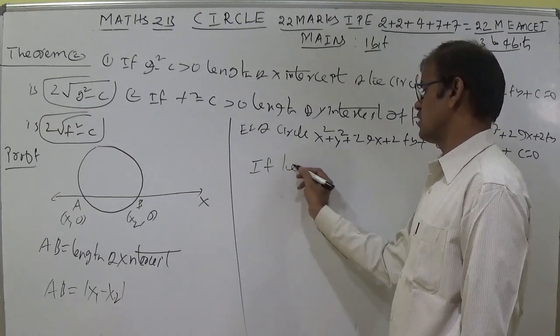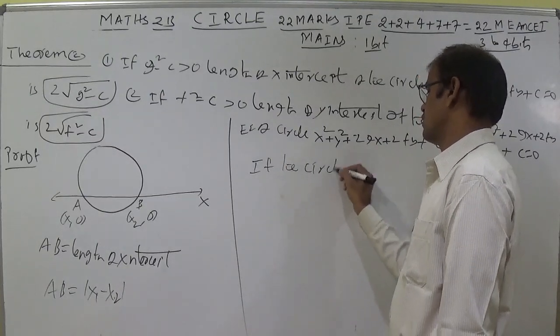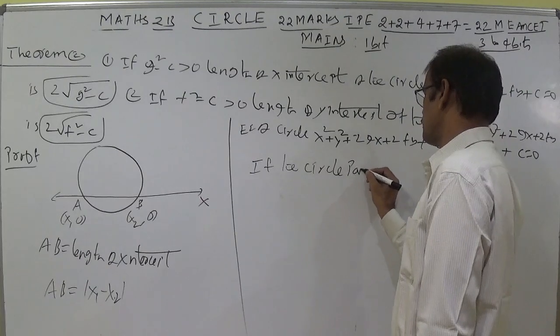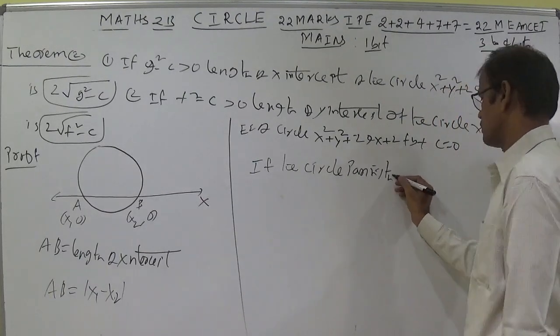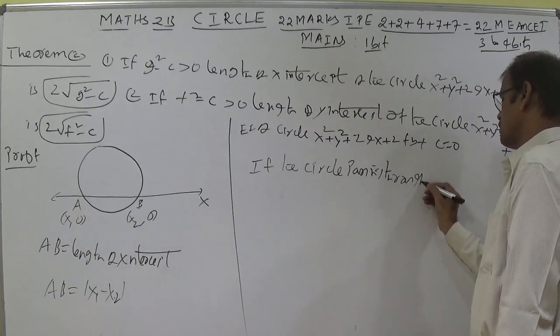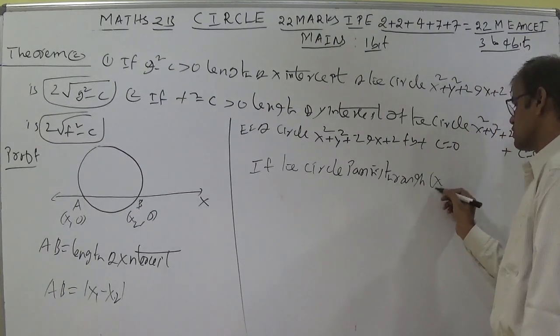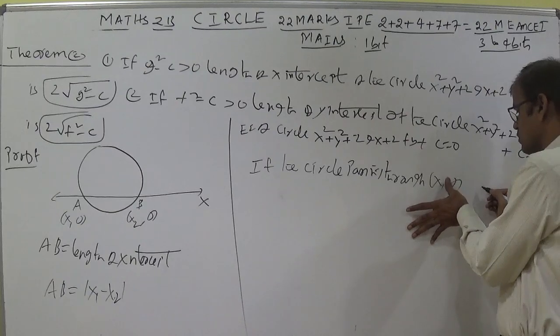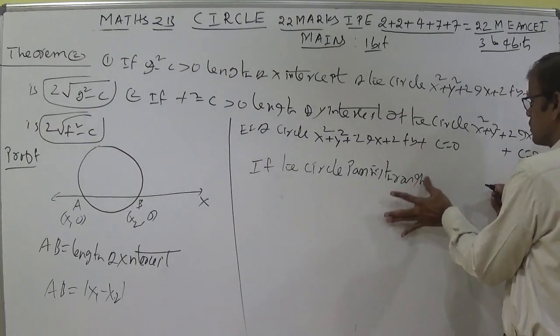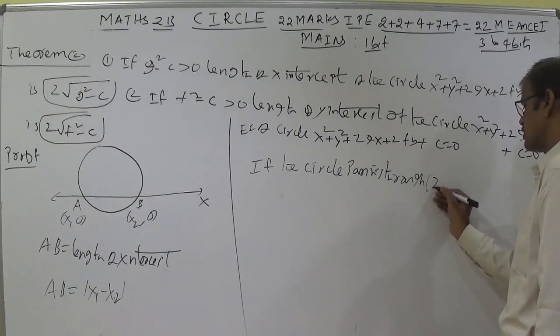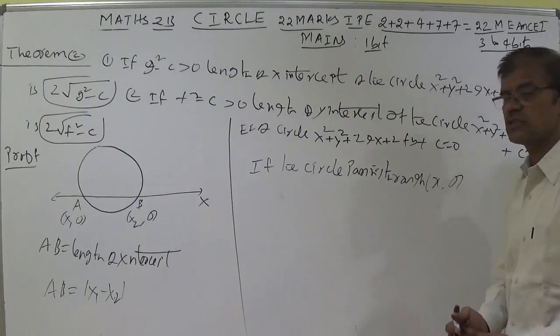If the circle is passing through a point, simply x comma 0, not x1 or x2, I am writing x comma 0.